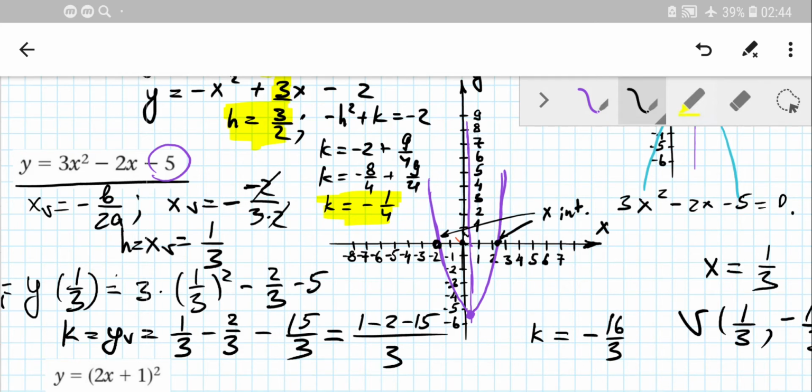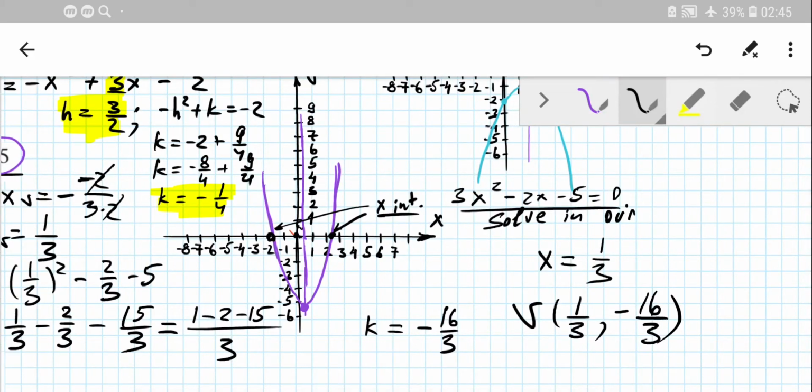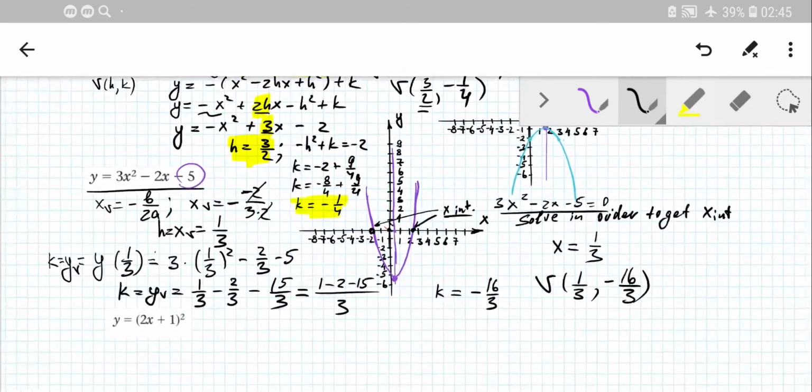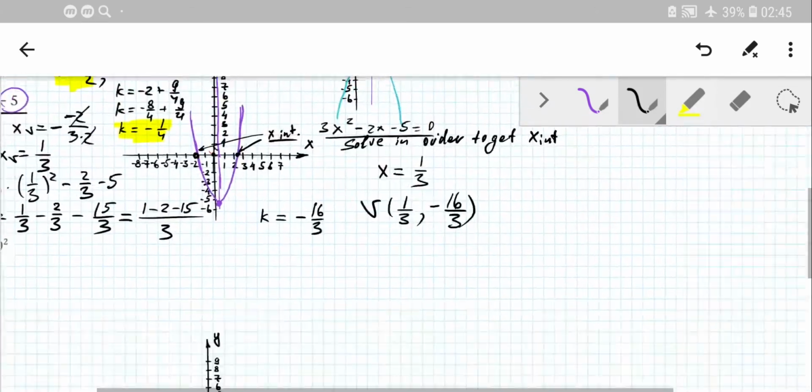But if you are not asked, just create a table for x, y, and from there try to build up some points, and this will be your approximation of how it will go through the x-axis. Okay, but normally you need to solve in order to get the x-intercept.